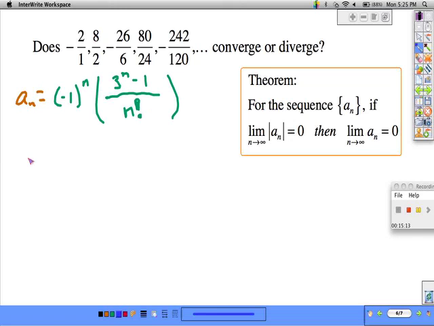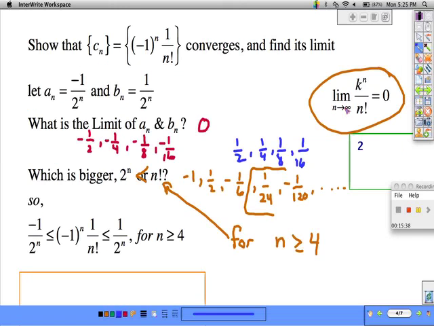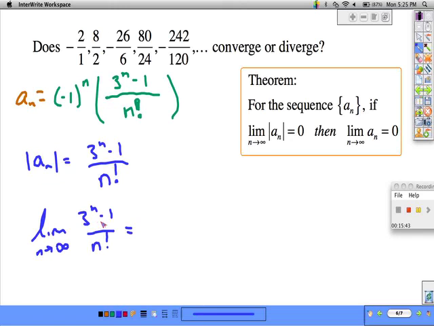So now let's look at the absolute value of a sub n. And then its limit. And based on what we had right here, k to the n over n factorial, that's essentially what we have here. 3 to the n minus 1 is pretty insignificant over n factorial, this is equal to 0.